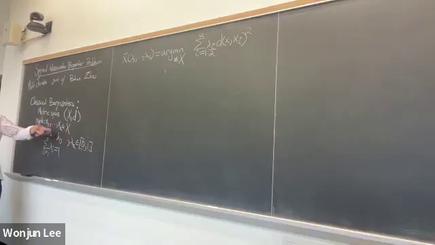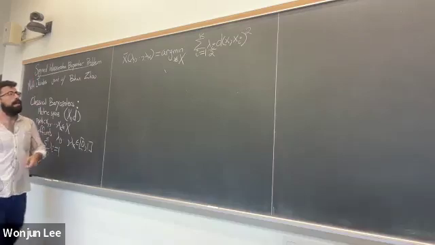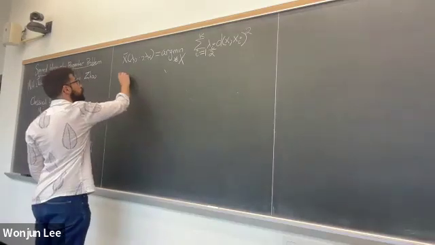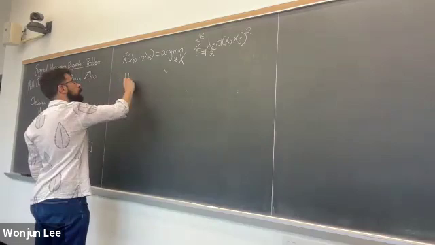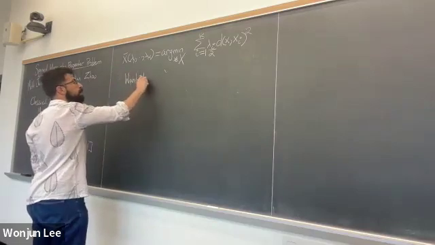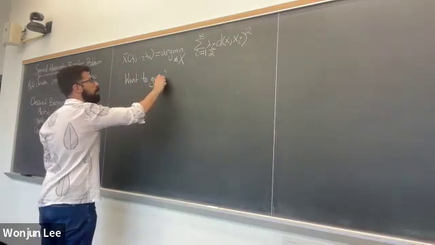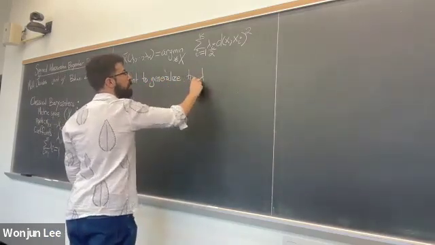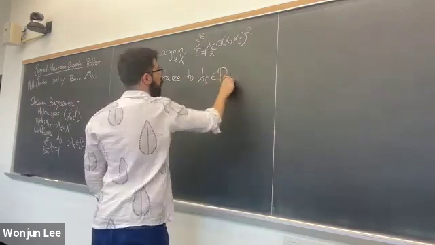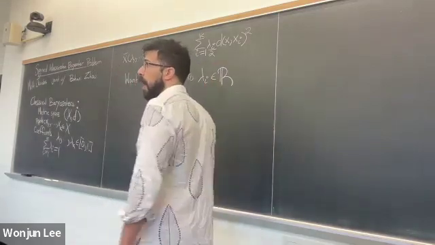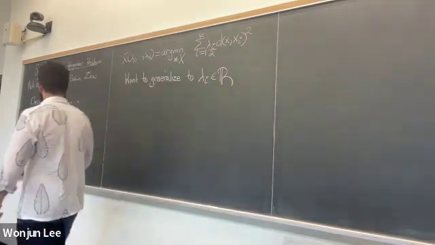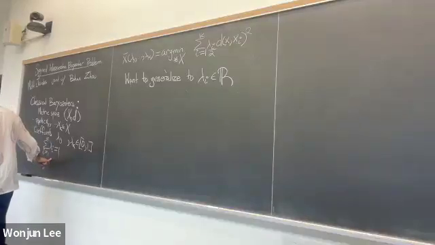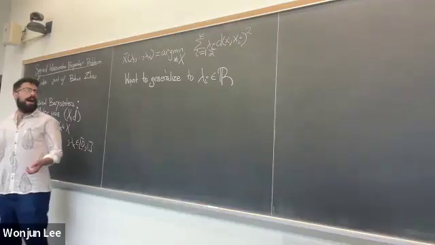This is where the signs are going to come in. So we want to generalize to the lambda i's now just being real numbers. But the constraint that they all add up to 1, we are still going to keep.